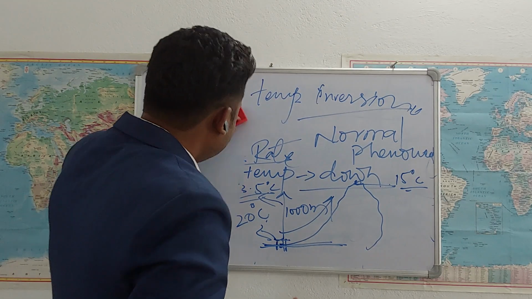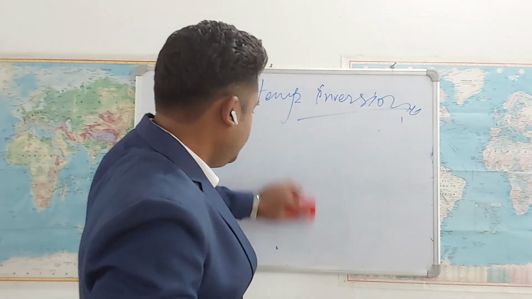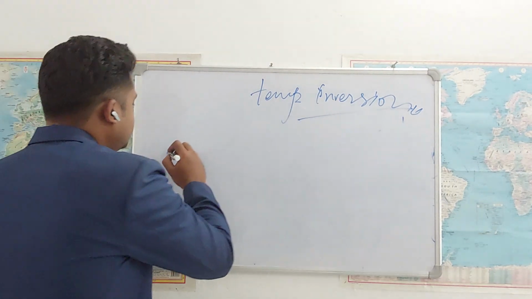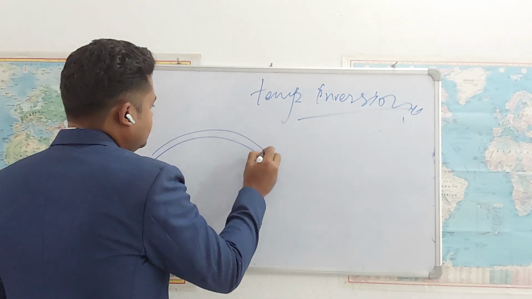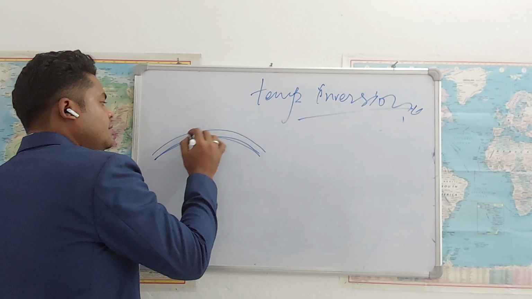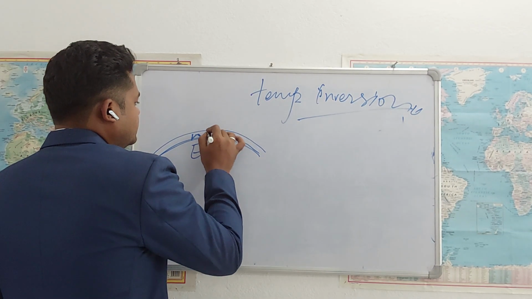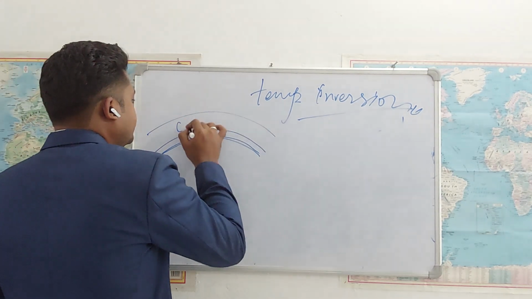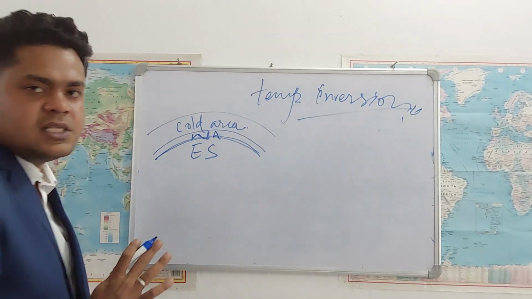So in lapse rate, what happens? The normal scenario is like this. This is your surface, this is the Earth surface. This is your warm area, and this is your cold area.